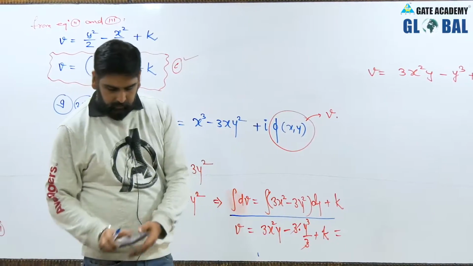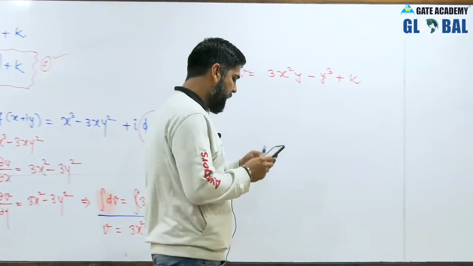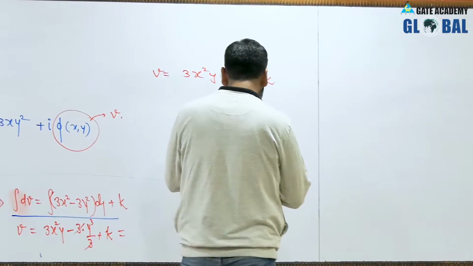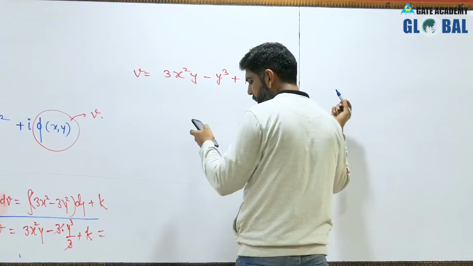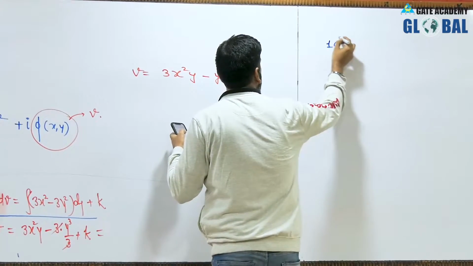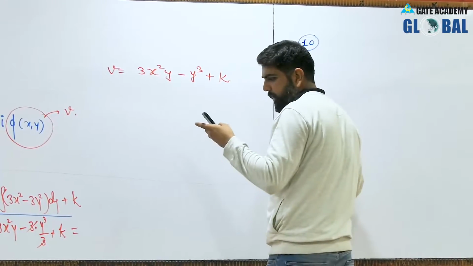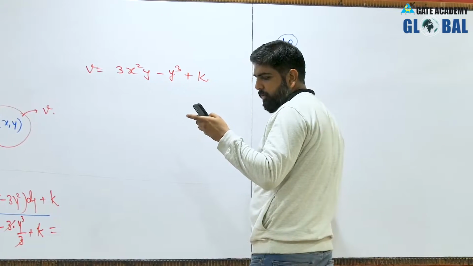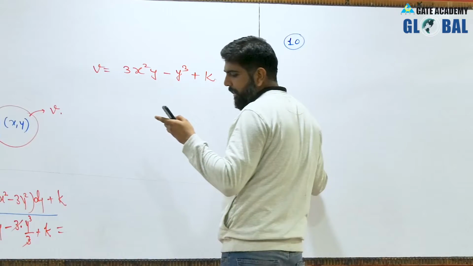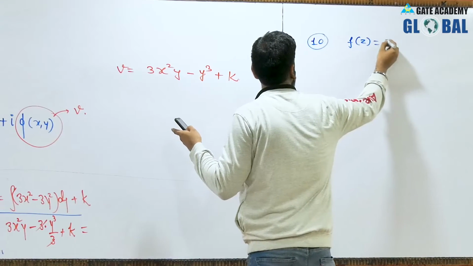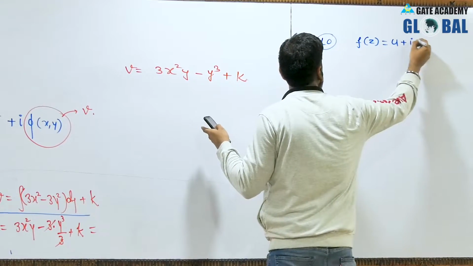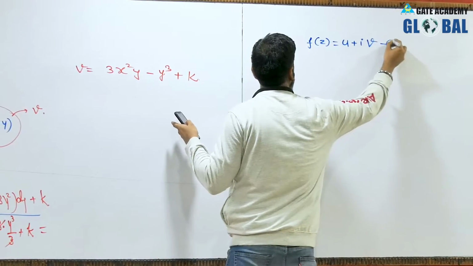So in question number 10, what is the question, my dear students? In question number 10 we have an analytic function of a complex variable expressed by f(z) equal to u(x,y) plus i v(x,y), and this is equation 1.